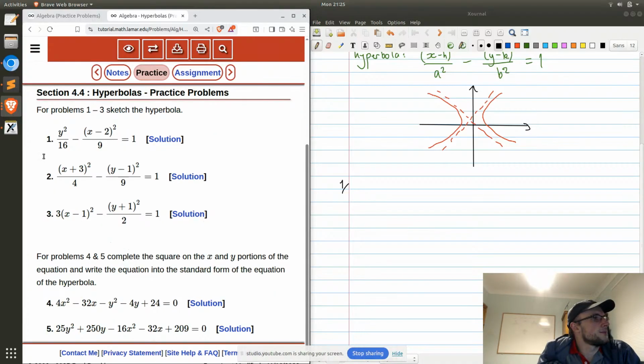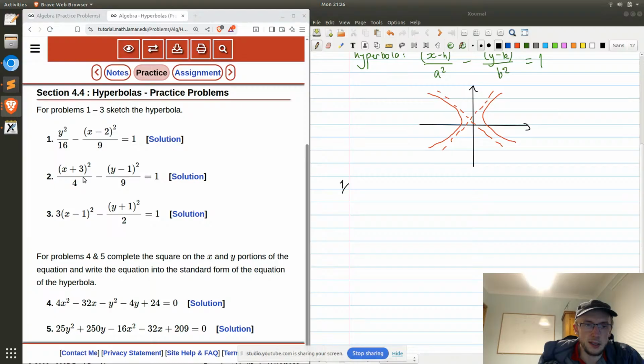Let's think about what the actual ingredients are that I would need to get this job done. I need to know if it opens up left and right or up and down. That is absolutely fundamental. Okay, so this one here is going to open up and down.